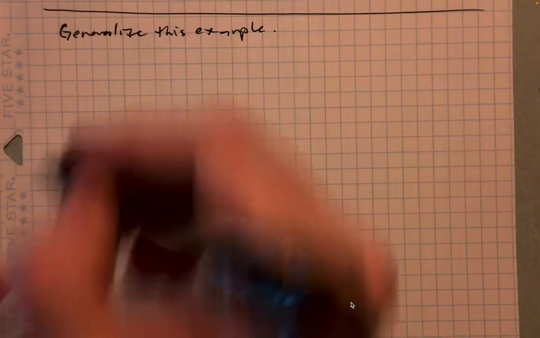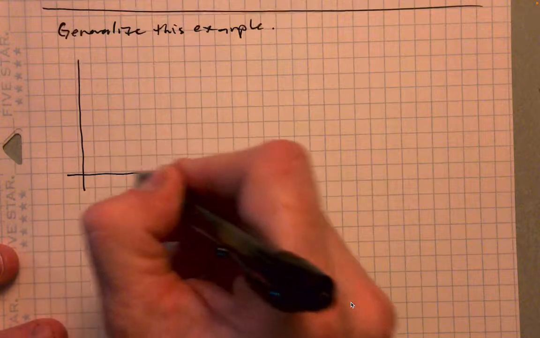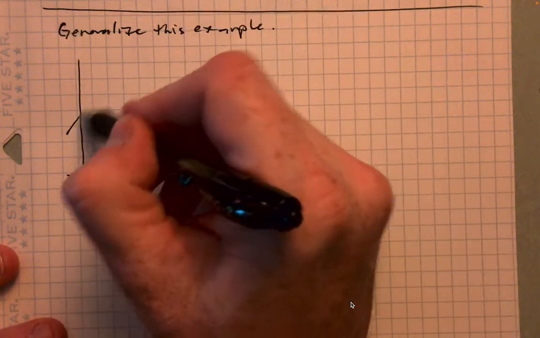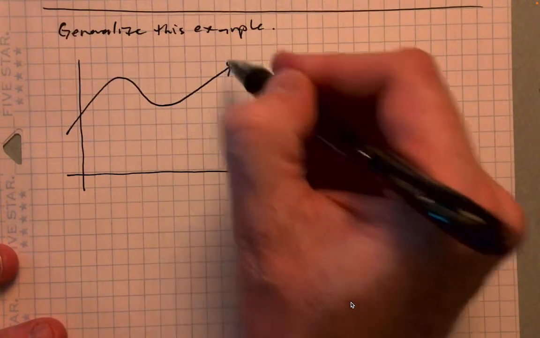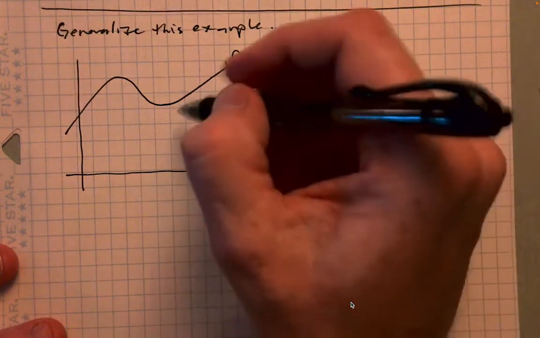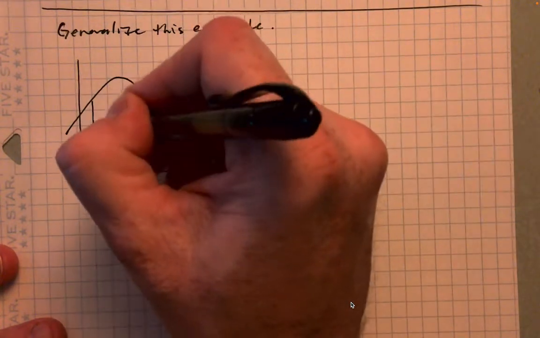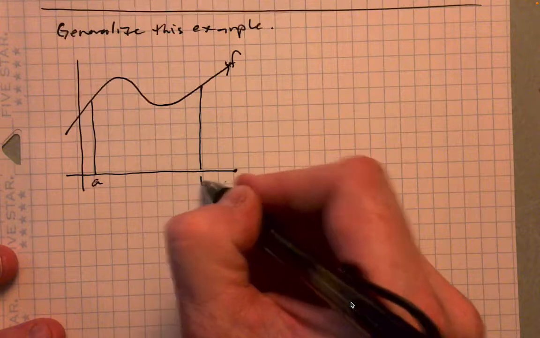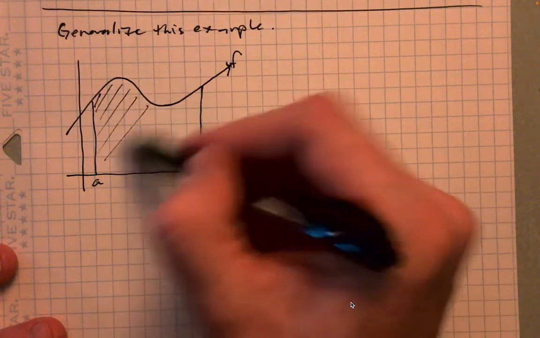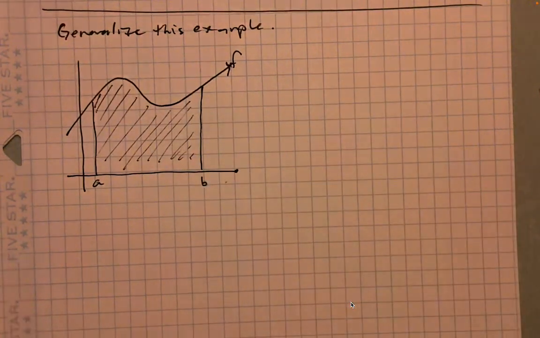Let's just have a picture at the ready. We've got some function f, we've got some interval from a up to b that we're interested in, and we want to estimate the area under the curve using this method of exhaustion.